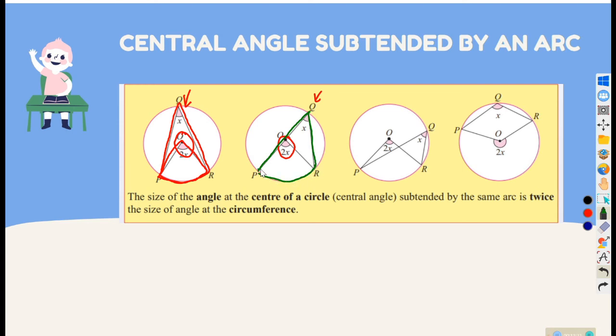And then from P going to the center, then going to R, and then it goes back to the same arc. So this is the first one, the second one, and the third one here. You can see different types, but still it is about the angle at the center and the angle at the circumference.